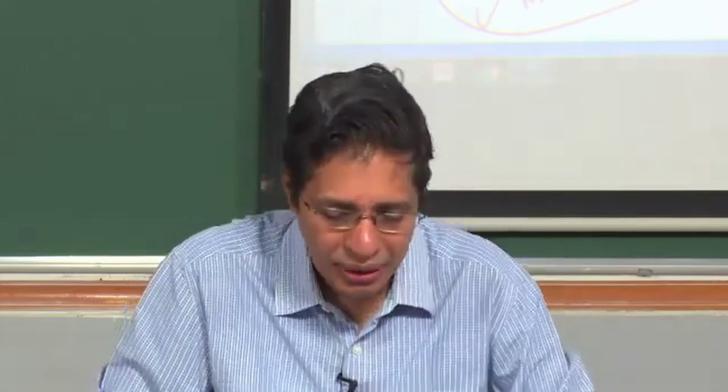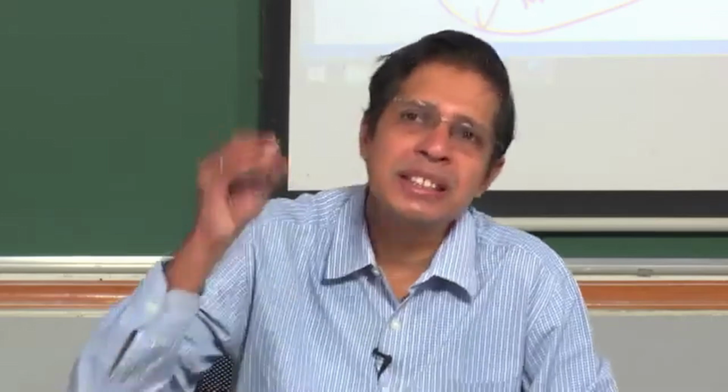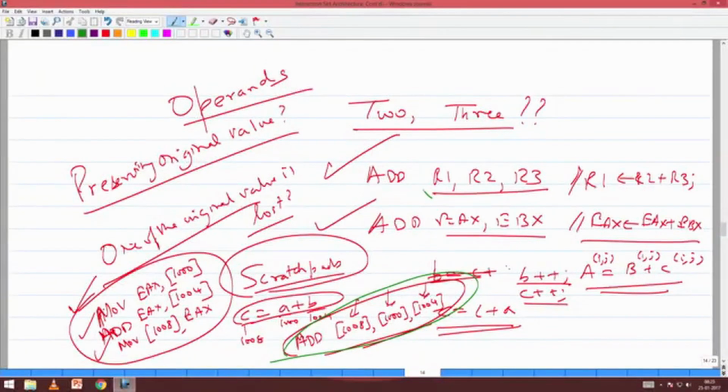You will not find two explicit memory accesses. That is something we need to keep in mind. There are certain practical limitations. We are not even talking about three operands; we are saying that even with two operands, I can't have both operands as memory, okay.